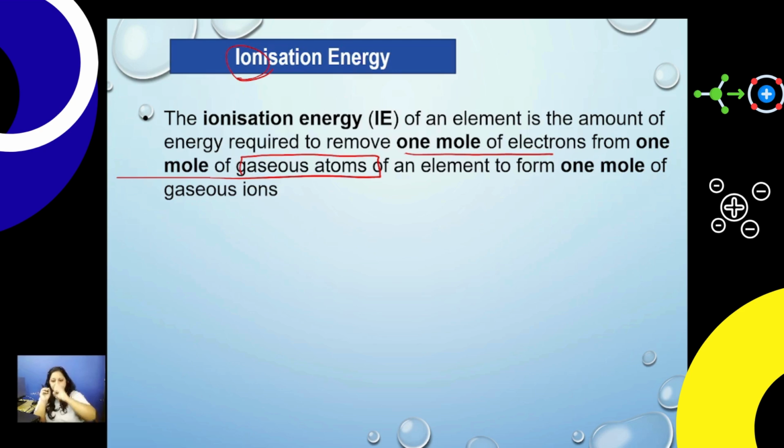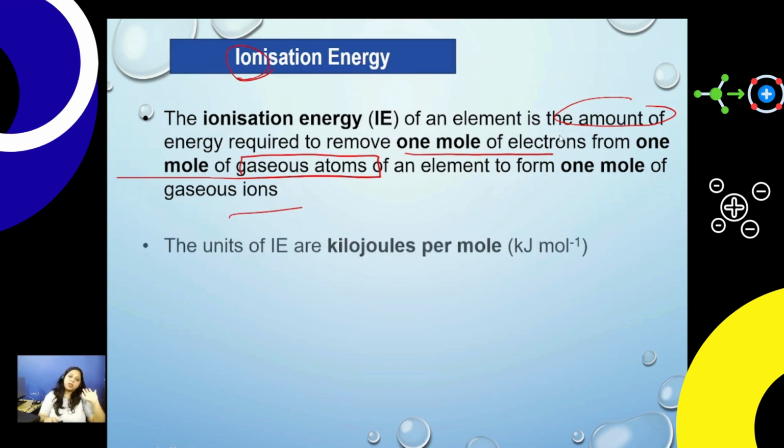So there would be a single atom that is not under the control of any other outer attraction. First of all, we convert them into gaseous state and then we remove the electron. So we have a gaseous ion. That amount of energy which is actually required, so it would be an endothermic process. That would be ionization energy.